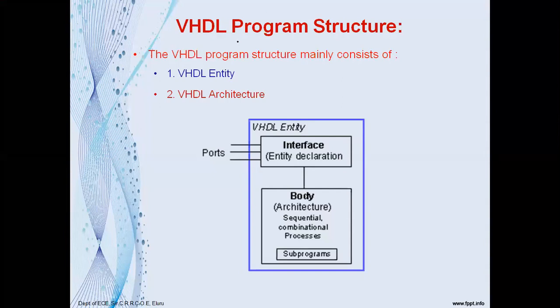So in order to build a digital circuit, to model a digital system, the VHDL program structure helps to build it. The VHDL program structure mainly consists of the VHDL entity and VHDL architecture. So far whatever we have seen is the program structure.